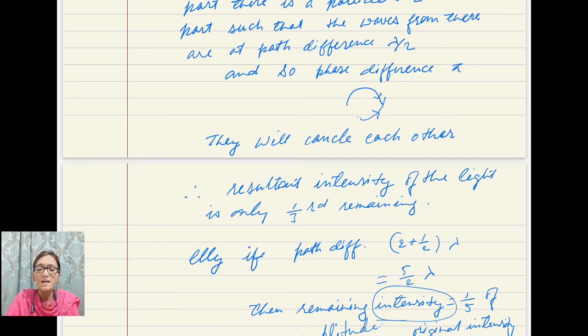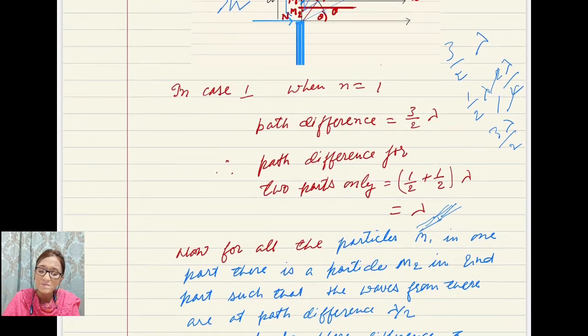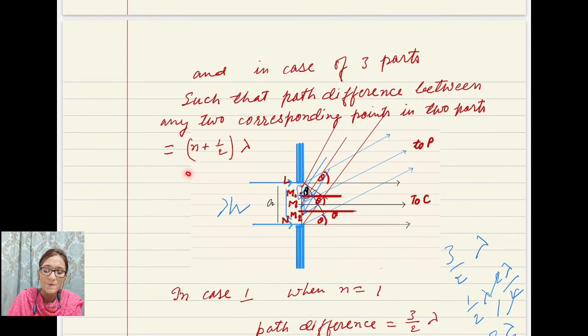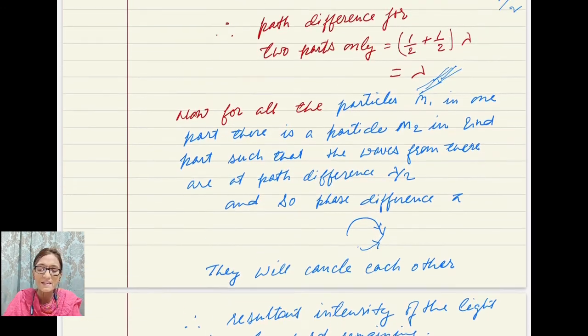So when you take the path difference by this formula, n plus half lambda, when you take path difference 1 plus 1 by 2 lambda, that is 3 by 2 lambda, then you will have the intensity remaining one third of the intensity.